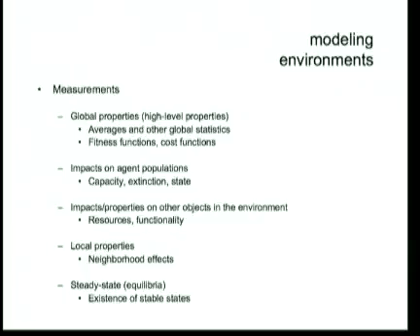So generally, impacts on agent populations are captured here, capacity, extinction state, that sort of thing. Moreover, you may want to measure impacts and properties of the inanimate or other non-agent objects in the environment, the levels of resources, the functionality of machines, state of repair.